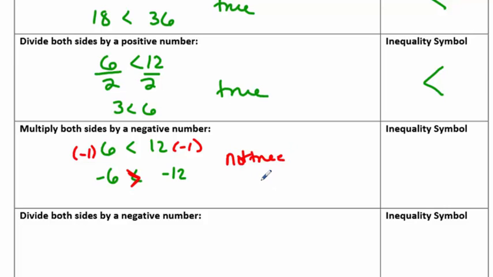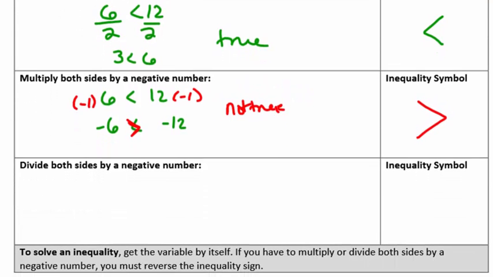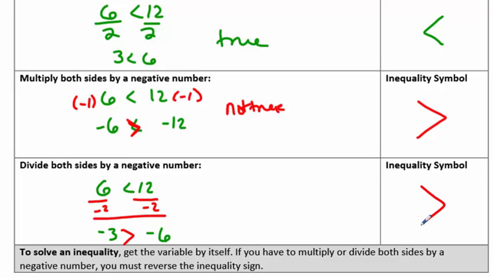You need to switch the inequality symbol to the other inequality symbol. Okay, what about dividing both sides by a negative number? If it was 6 is less than 12, and you divide both sides by negative 2, that gives you negative 3 and negative 6. Negative 3 is greater than negative 6, so once more you have to switch the inequality symbol to make it true.